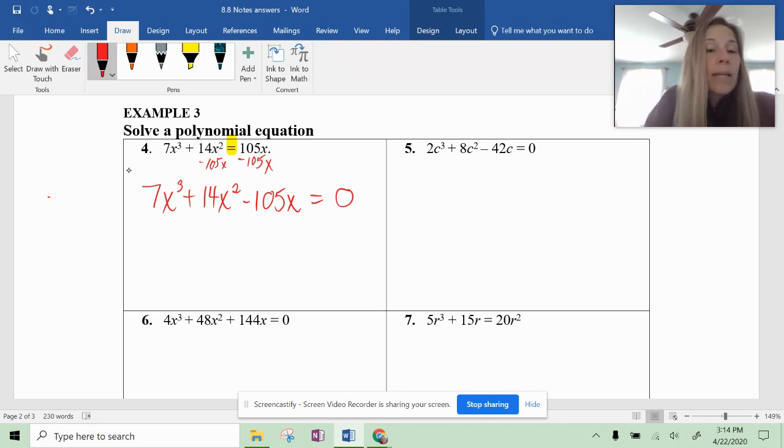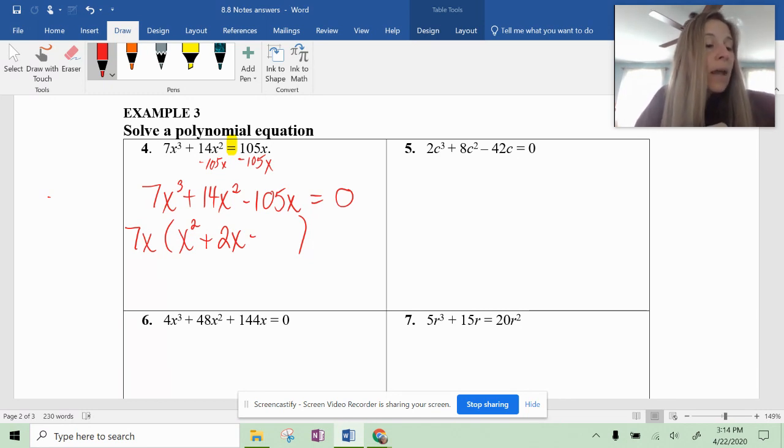So I'm going to take out a GCF of 7x, and then that's going to leave me with x squared. 14x squared divided by 7x is going to be plus 2x, and 105 divided by 7x is going to be 15, and it's going to be a minus still. And then I have my equal 0.